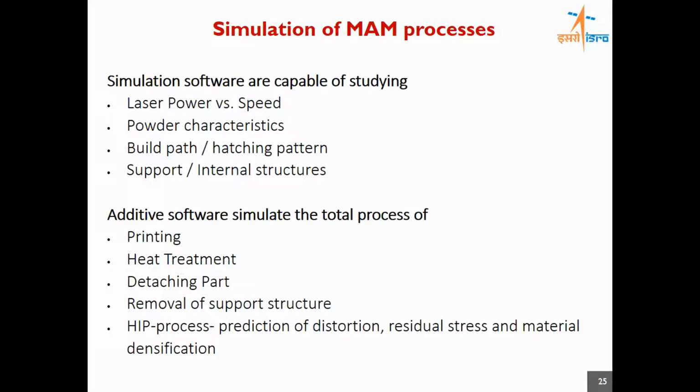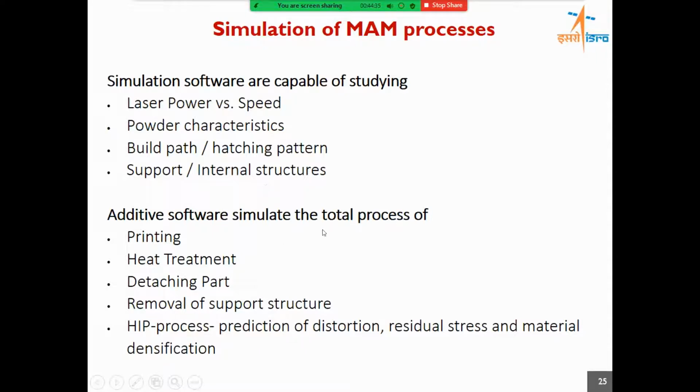The powder characteristics can be simulated, and also the build path and hatching pattern, how these affect the distortion and the residual stresses. And in case of powder bed fusion, how the support or internal structures need to be built. All these software can give suggestions to achieve a good part without any failure.